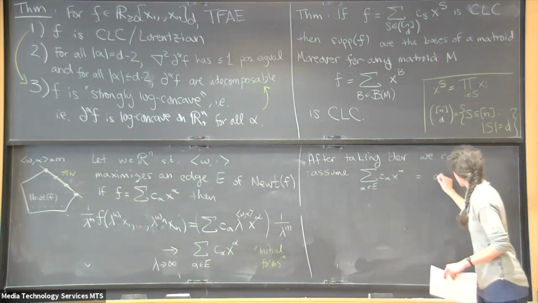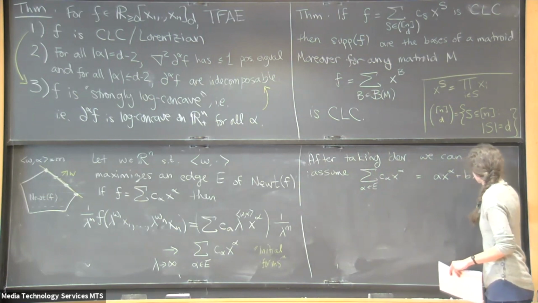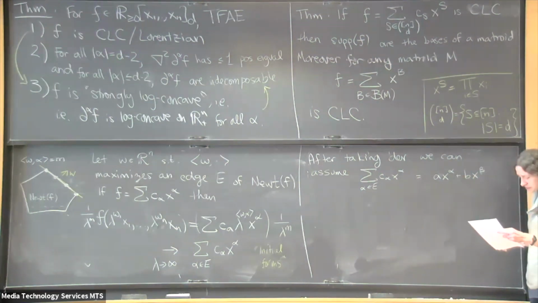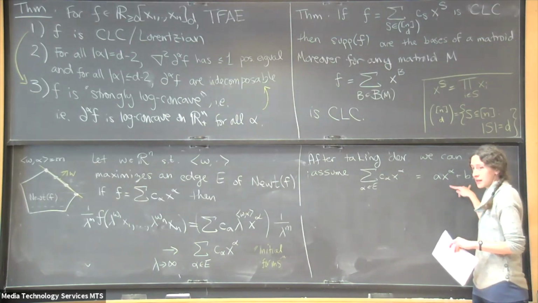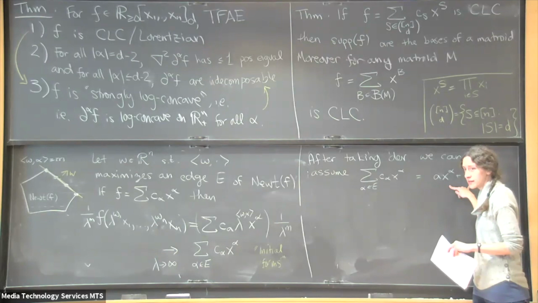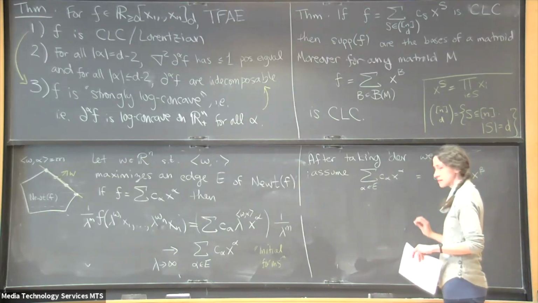It just looks like a x to the alpha plus b x to the beta. And in fact, if you keep track of where alpha and beta are, they are in E up to translation, E after derivatives.